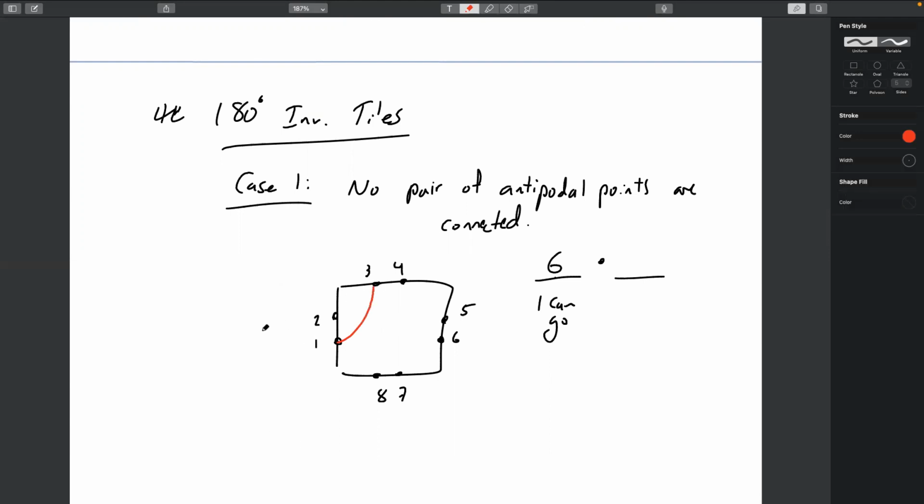Well, if 1 goes to 3 and it's 180 degree invariant, what else do I get? What has to go to what? I wrote 7 to 6. Yeah, 5 to 7, right?